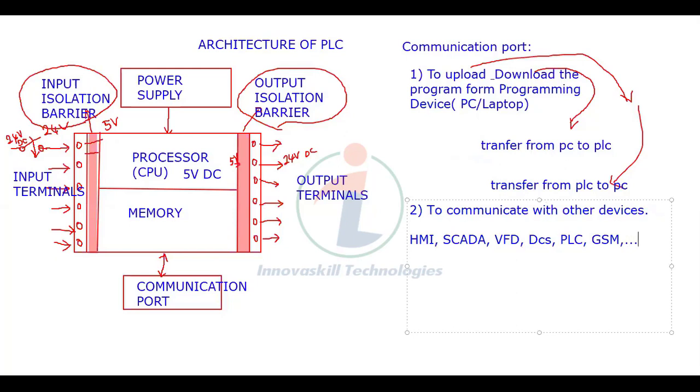Now, what are the most commonly used communication ports available in a PLC? We will be having a port which has 9 pins, like this. You might have seen the port will be like this.